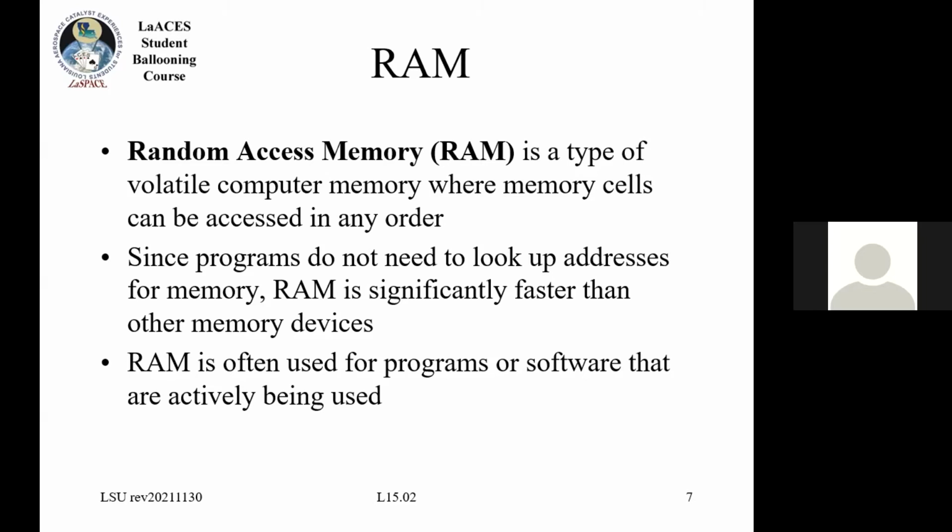That's where you store all of your working data, your program, and your variables while it's running. The random access part is just being able to go to a random address in the memory, so I don't have to read it starting from the top, going all the way in order.